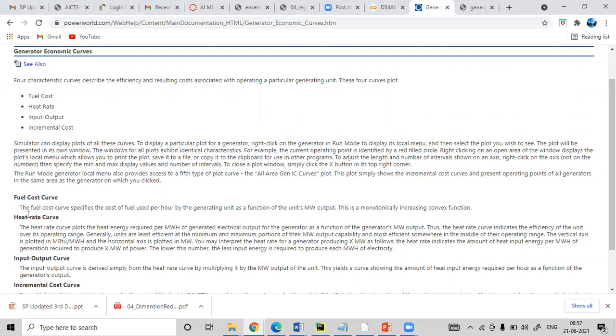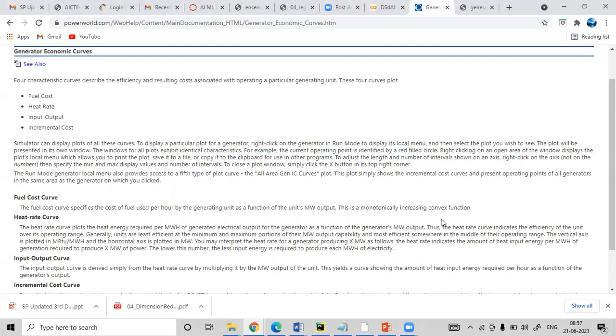The fuel cost curve specifies the cost of fuel used per hour by the generating unit. It means how much fuel is consumed by the generator to generate per unit power in megawatt, right? This is a monotonically increasing convex function, right?